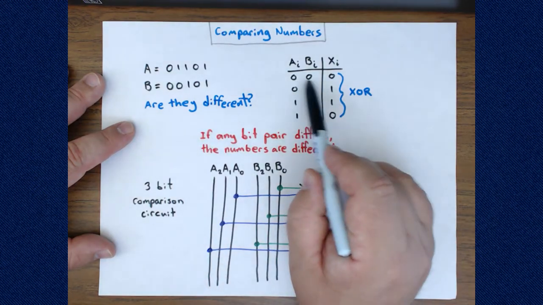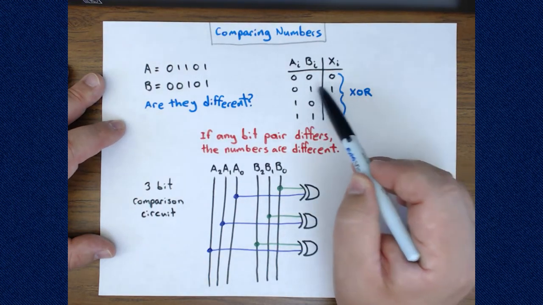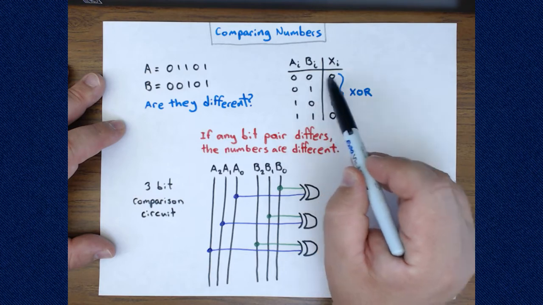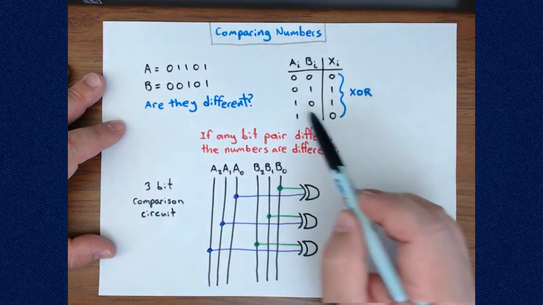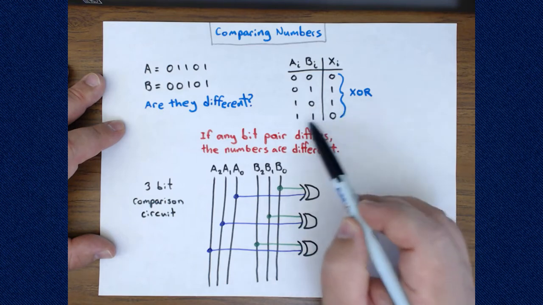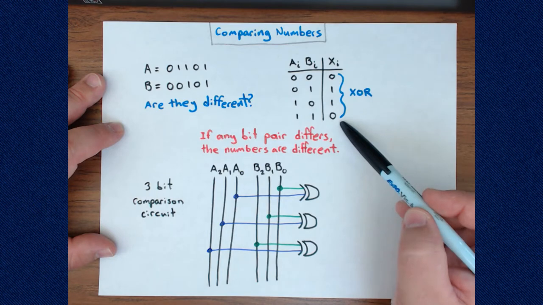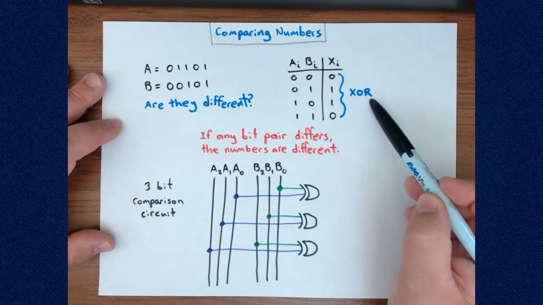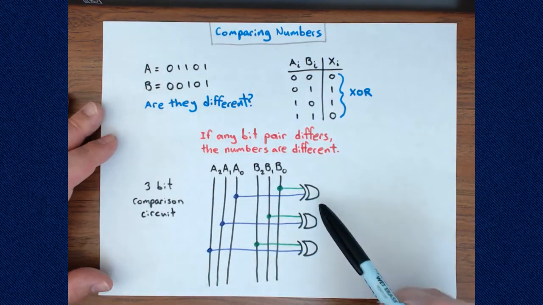So if we make this truth table together, we can see that 0 and 0 are the same, so they're not different. 0 and 1 are different, so we say 1, different. 1 and 0 are different, and 1 and 1 are not different. And very quickly we notice that this is the same output as a 2-input exclusive OR. So to compare each of our individual bits, we just need an exclusive OR.